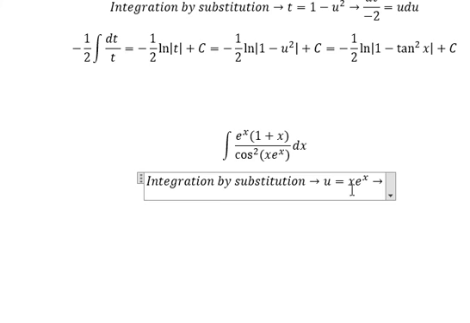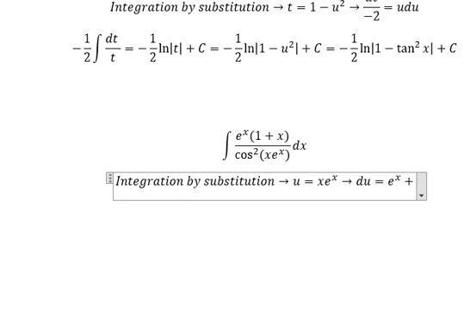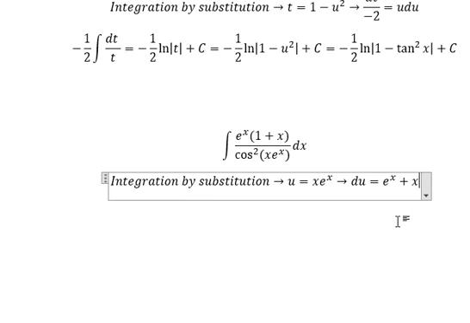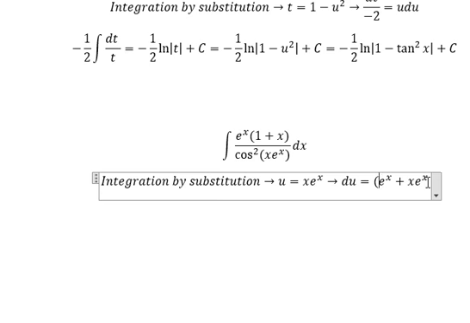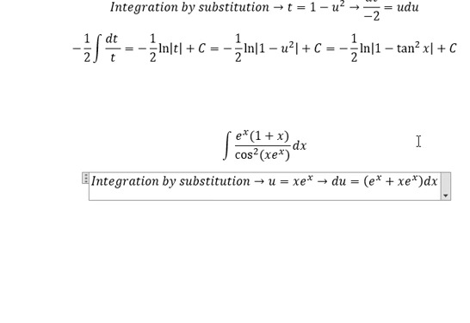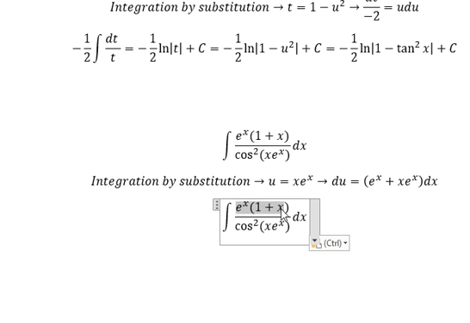If we take the derivative of both sides, we have e to the power of x plus x e to the power of x. This one in here, that's e to the power of x plus x e to the power of x.